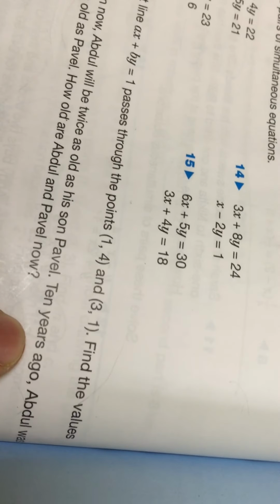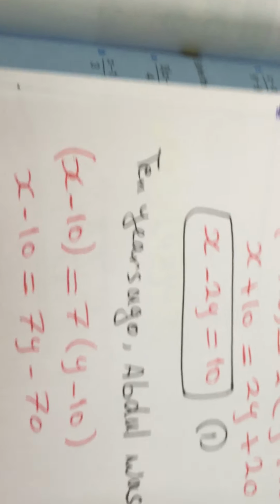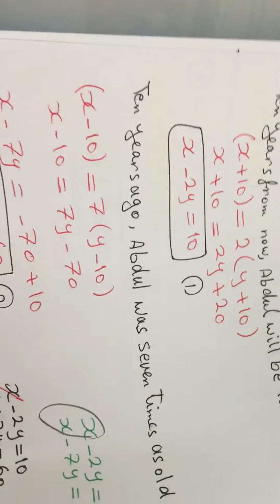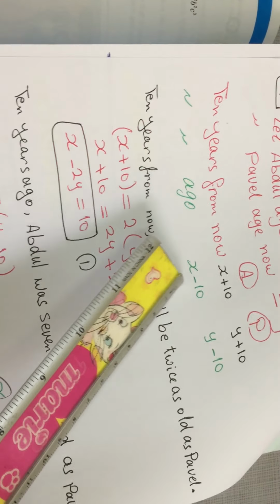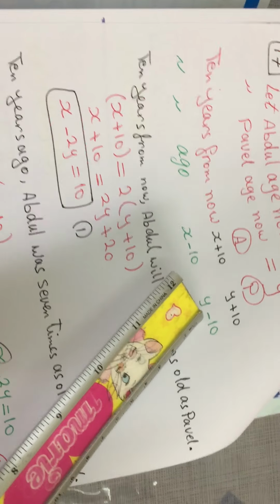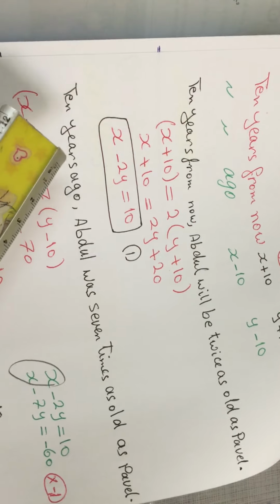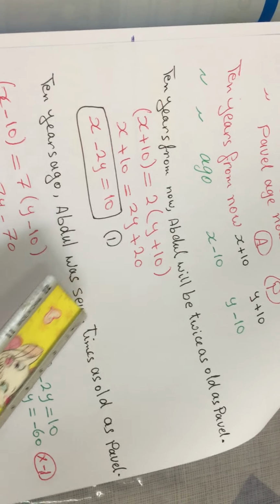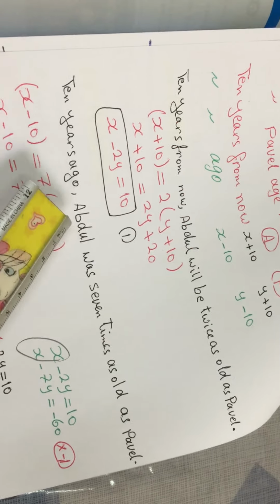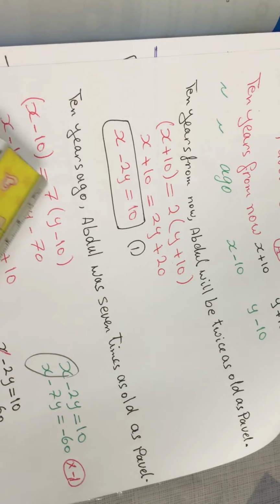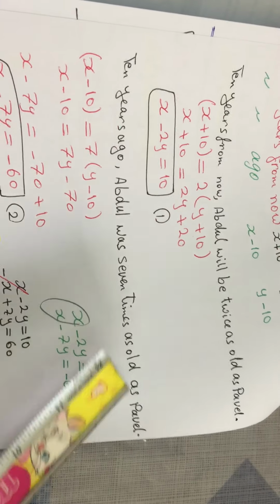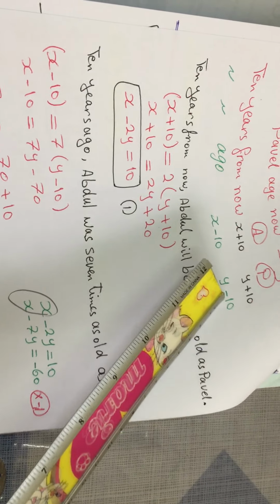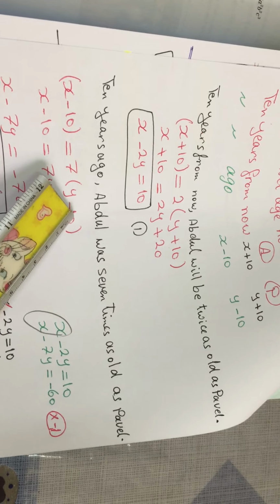Let's complete. Then, for 10 years ago, I'll take this part. 10 years ago, I said the age of the father will be x minus 10 and the age of his son will be y minus 10. So he said 10 years ago, Abdul was 7 times, this is the age of Abdul, was 7 times, so multiply by 7, as old as Pavel. The age of Pavel 10 years ago is y minus 10, like this.